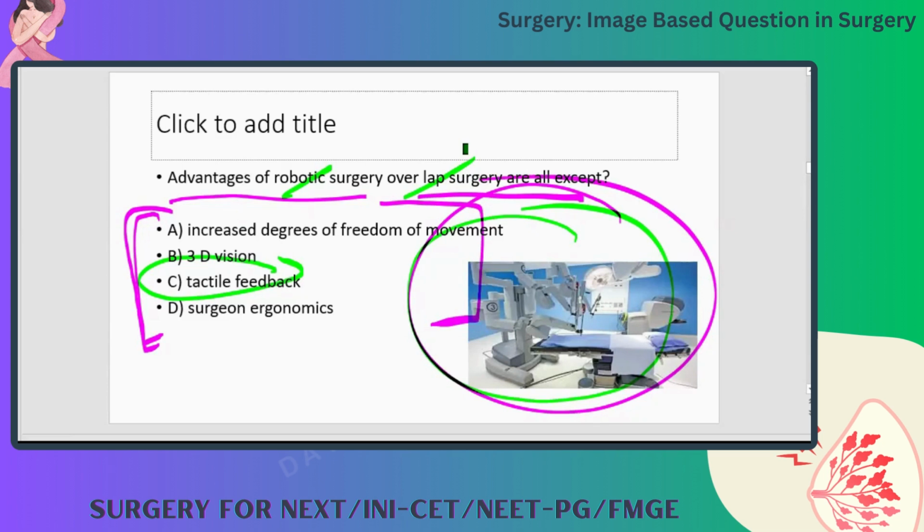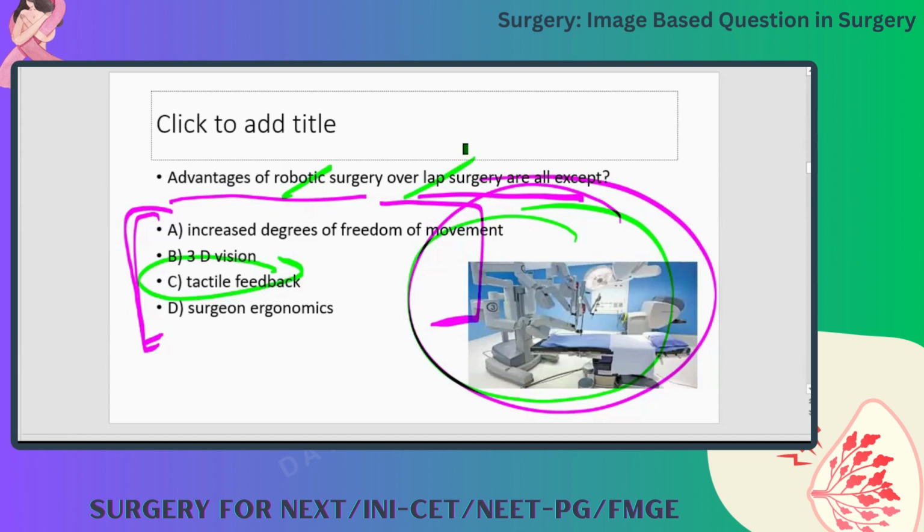But the wrist can move any way. So this is the basic advantage of a robot: 7 degrees of freedom, whereas laparoscopy has only 2. Remember that. And tactile feedback is not there in robot.